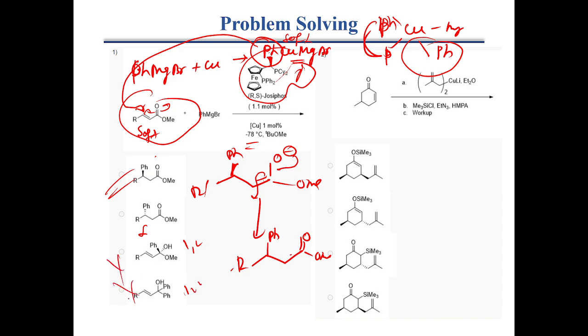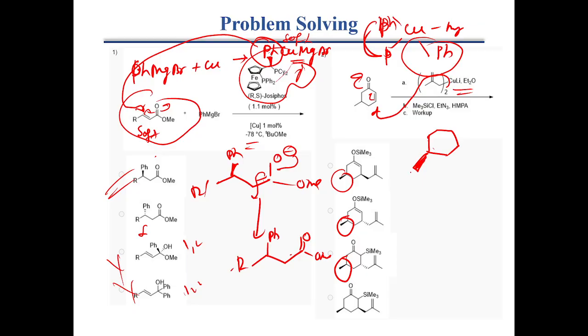In the next question, there is also a copper reagent. So the Gilman reaction happens, a 1,4 attack this way, giving the enolate. In this reaction, this methyl is beta.